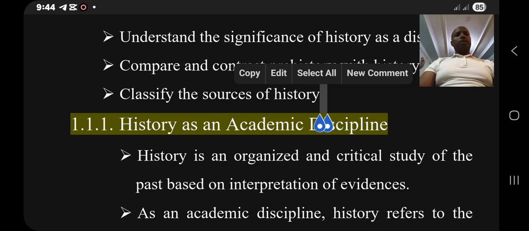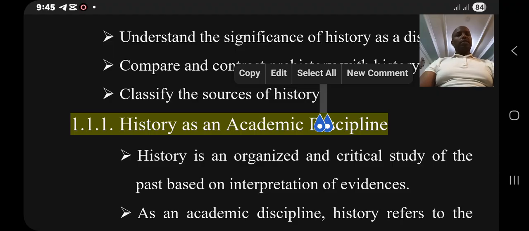For our understanding, I have selected the very important and common definitions of history. The first, when we talk about the definition of history as an academic discipline, history is an organized and critical study of the past based on interpretation of evidences.